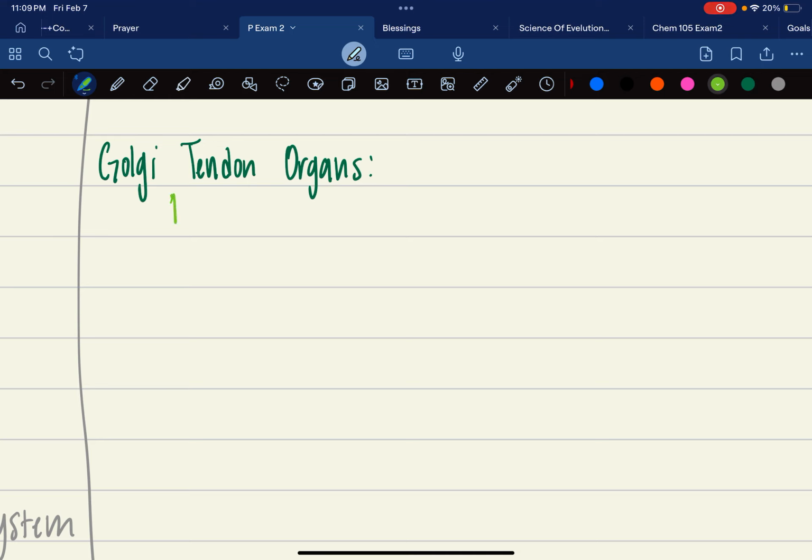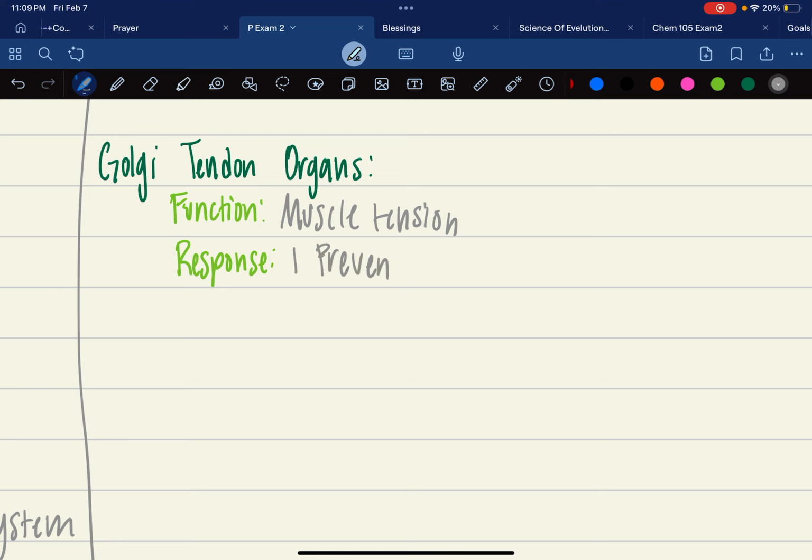And so function and response. So it detects changes in muscle tension, and the response is it triggers the Golgi tendon reflex. It prevents excessive tension.